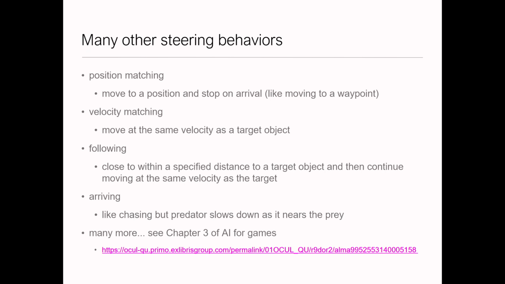Okay, so that problem doesn't fall into what we're talking about now. When you have to take into consideration other factors, that goes up to the next level of your AI. We're going to get to that in subsequent lectures. For next class, we're going to talk about avoiding obstacles.